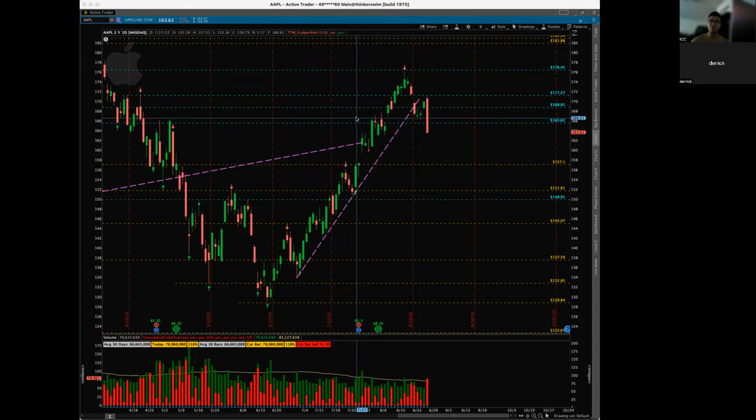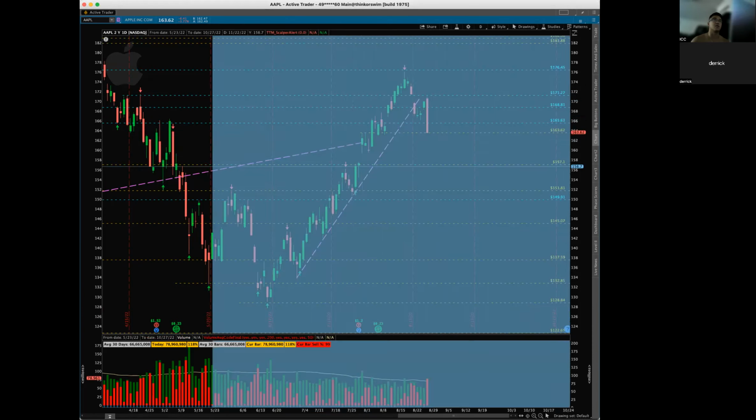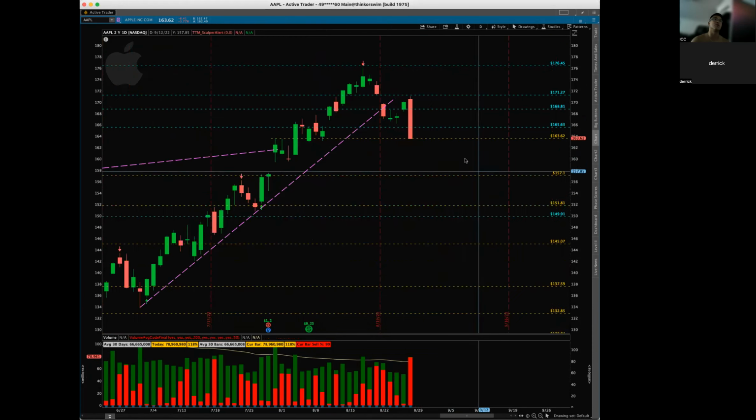Now you might say, okay, look, Chemo, where am I going to potentially enter to the downside now? I'm zooming in on the daily chart right now, still looking at Apple. Rejection from sellers until we finally broke out very strong. Consolidation, broke out.